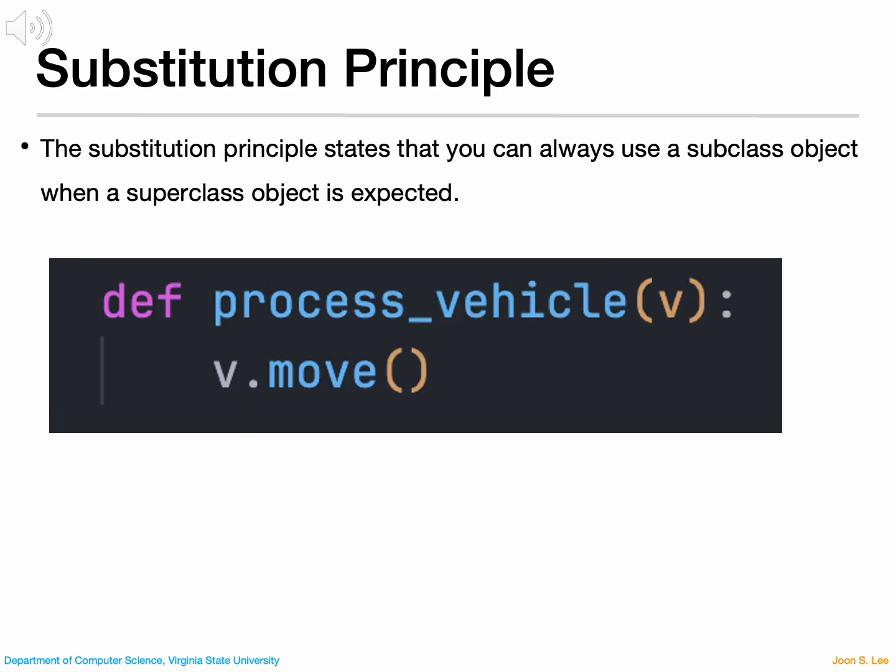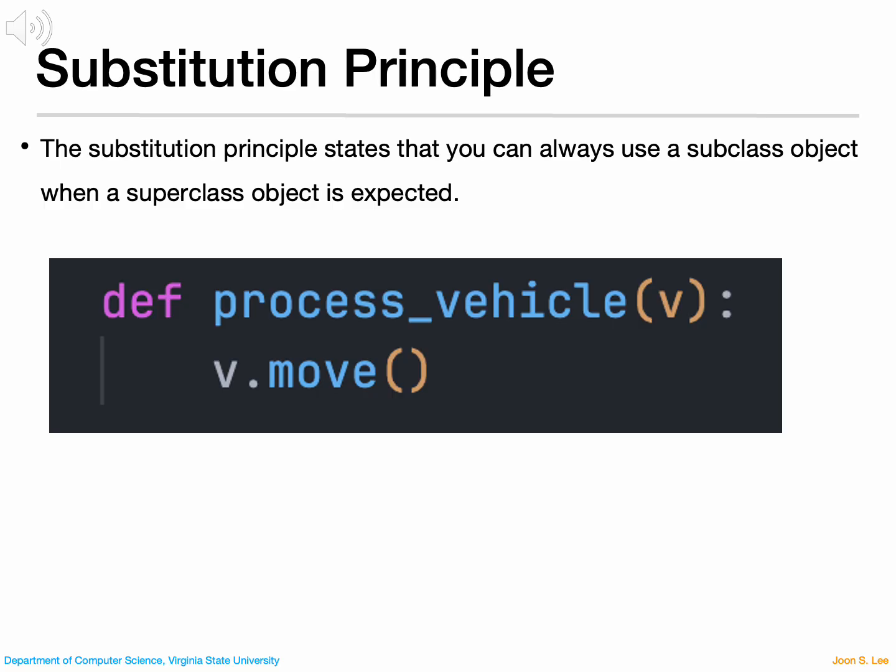Let's look at how the substitution principle appears in Python. Here we have a function called process_vehicle that takes a parameter v and it calls v.move. Notice that we do not specify the type of v. In languages like Java, we would explicitly say that v is a vehicle, but in Python, we don't do that.